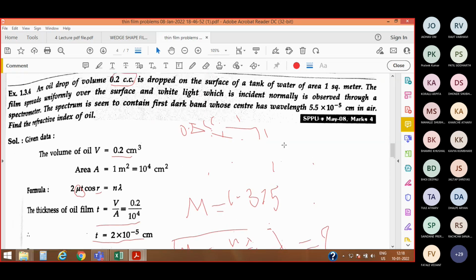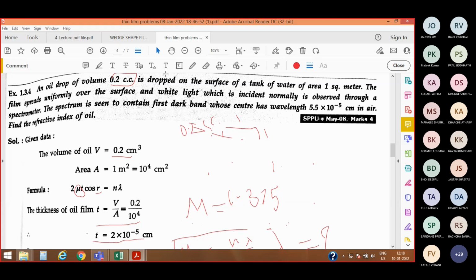Next problem. Write down this problem. An oil drop of volume.